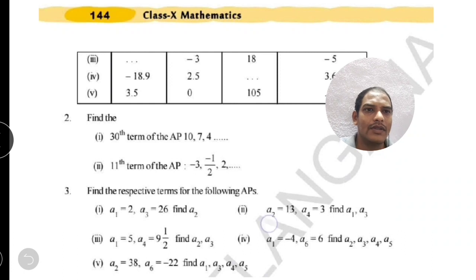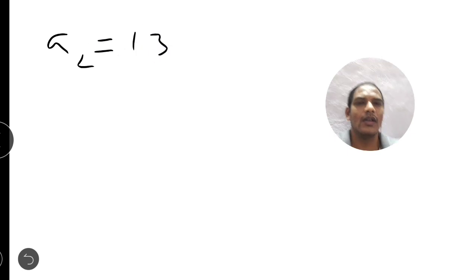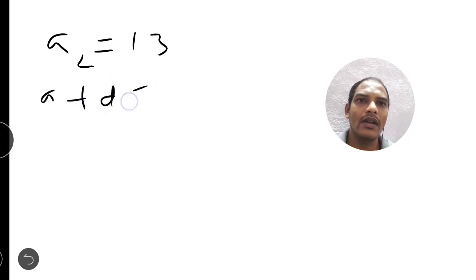Next, coming to the second problem: A2 equals 13, A4 equals 3. Find A1 comma A3. So A2 equals 13. According to the general form of arithmetic progression, A2 is a plus d, which equals 13.